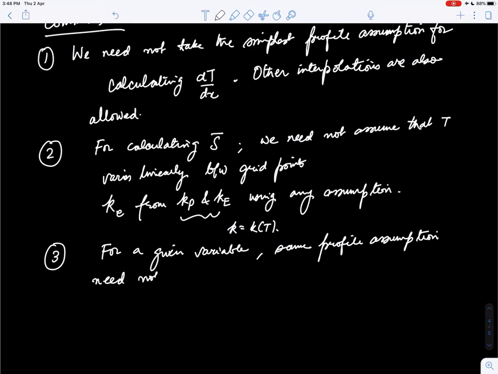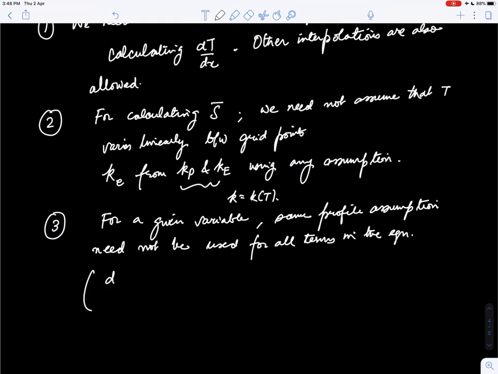The same profile assumption need not be used for all terms in the equation. What it means is that we have dT/dx being evaluated using a linear variation of temperature, but we also have temperature dependence elsewhere. For example, if I look at the advective term, a temperature dependence will also show up there. So these two variations need not be evaluated using the same profile.